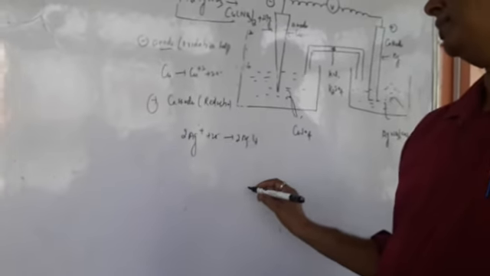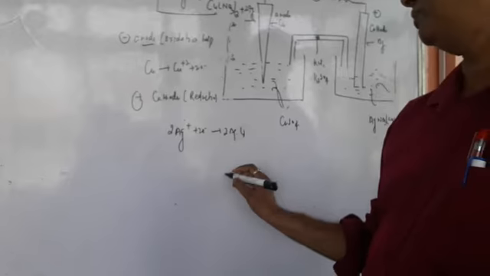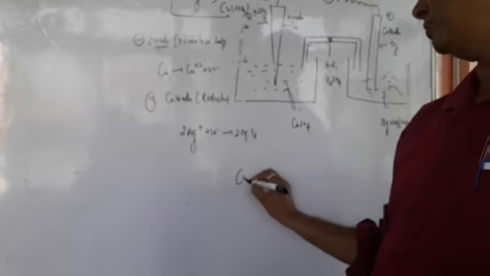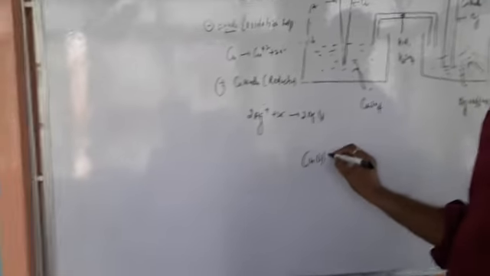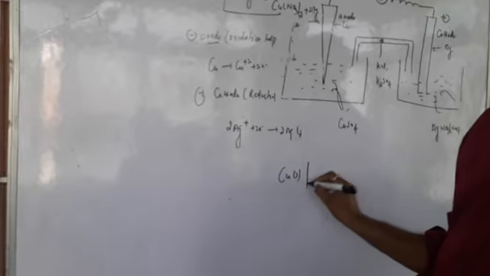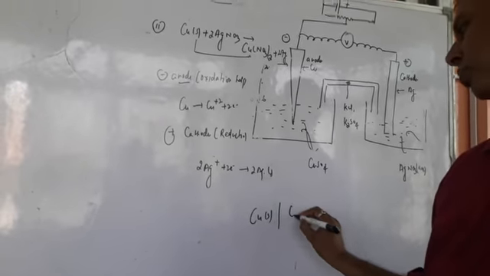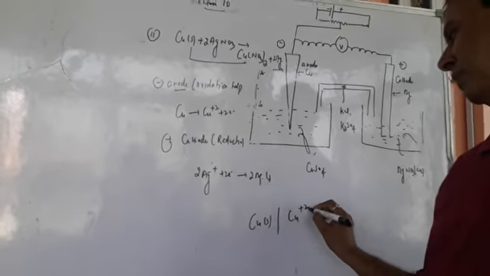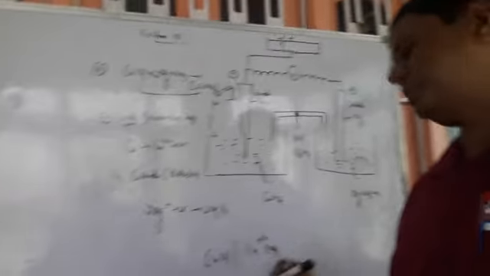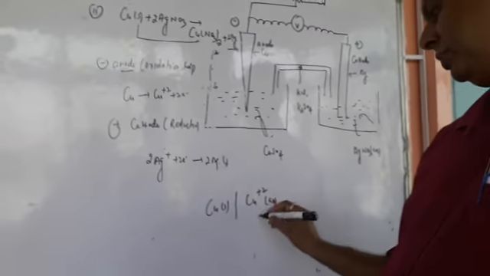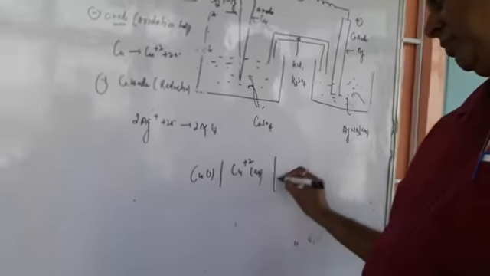The cell reaction can be written in this way: copper solid, this is the electrode, a single vertical line expresses the electrode, copper changes into copper sulfate. This is the aqueous ions, and the double vertical line expresses the salt bridge.